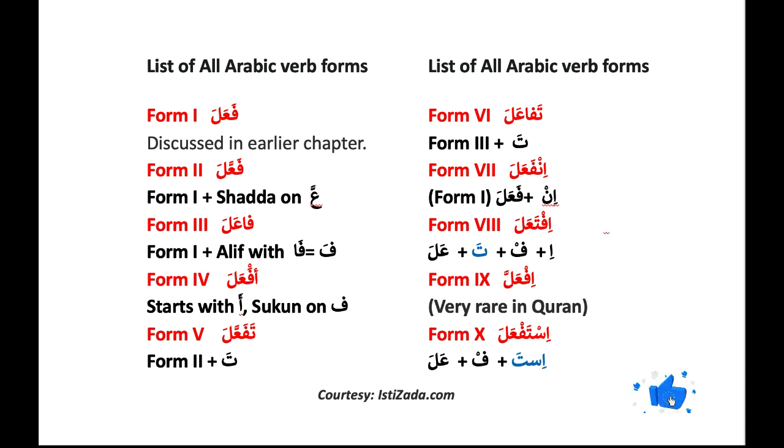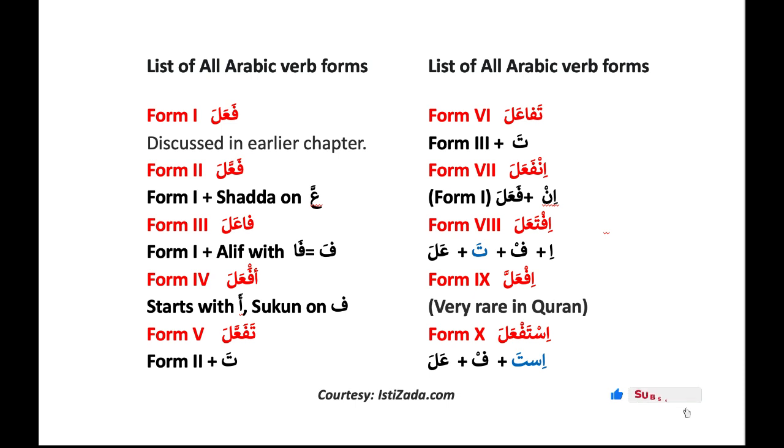Form 7 and form 8, look at the difference. You can see form 7, infa'ala. Form 1 fa'ala is there, but before that two letters have been added, alif and nun. Form 8, look at the changes. Here an extra letter ta has been added after the fa kalima, and before fa, alif has been added.